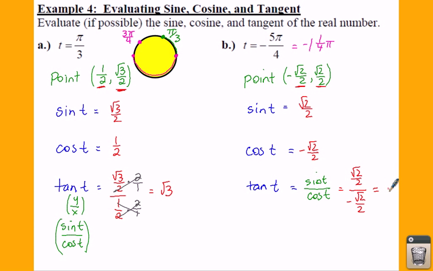So if you're dividing something by itself, you're going to get a negative 1. Anytime you have a tangent of t and it's one of these values that has a 4 on the bottom, 1/4, 3/4, 5/4, or 7/4, your tangent's always going to be a positive one or a negative one because you are dividing something by itself. A little bit of knowledge there for you. I hope you keep it locked in the vault and never forget about it.